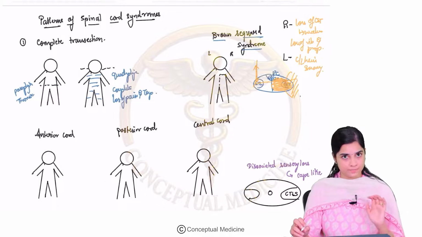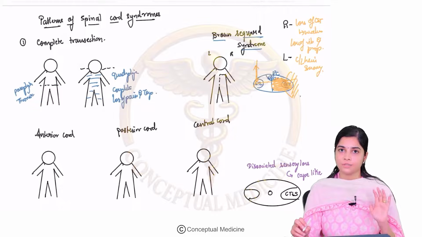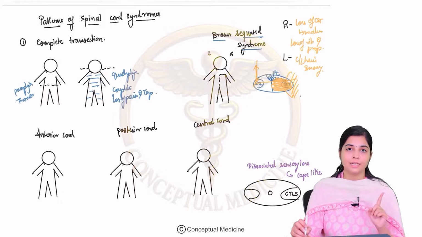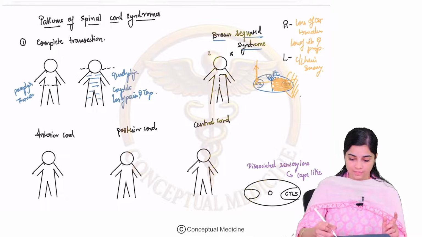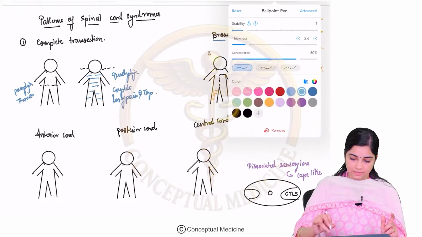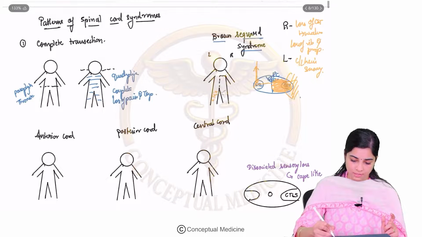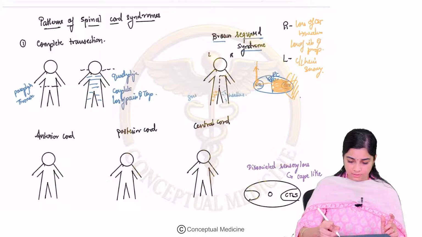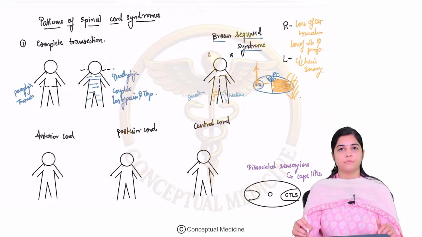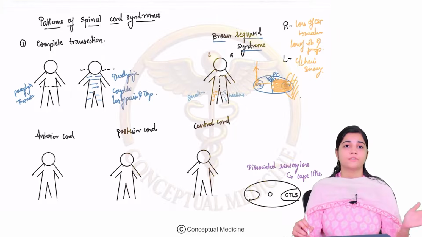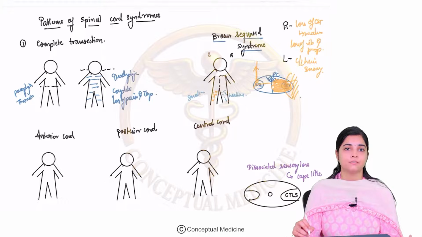Okay, ipsilateral loss of corticospinal tract, so ipsilateral weakness, ipsilateral loss of vibration and proprioception, and contralateral hemisensory loss. So sensations are lost on the opposite side, but the weakness is on the same side. This is your Brown-Séquard syndrome. Okay, why is this happening? Because the crossed fibers of the spinothalamic tract are affected.